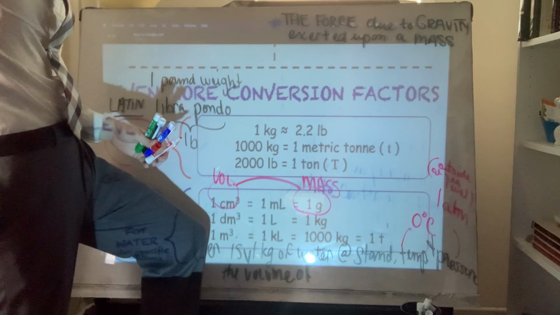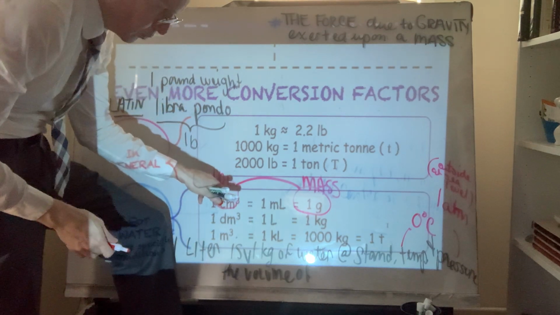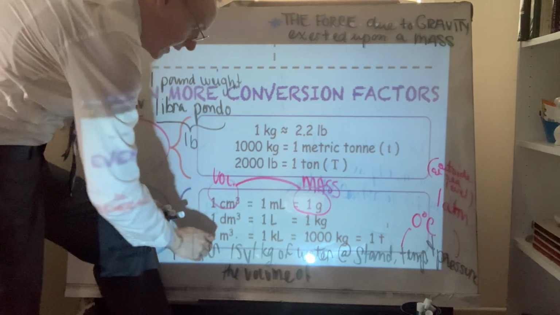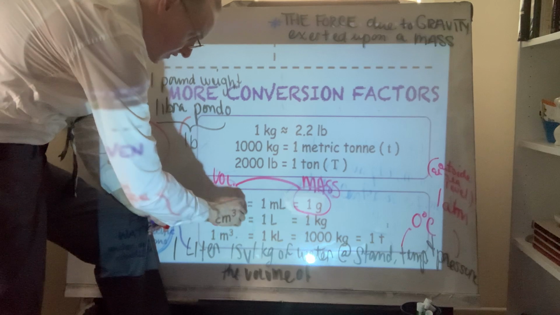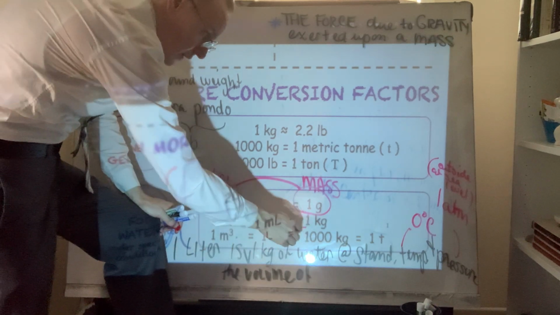Okay, so if we're talking about water, 1 cubic centimeter of water should weigh 1 gram, or thereabouts. If you had 1 cubic decimeter, it would be equal to 1 kilogram.